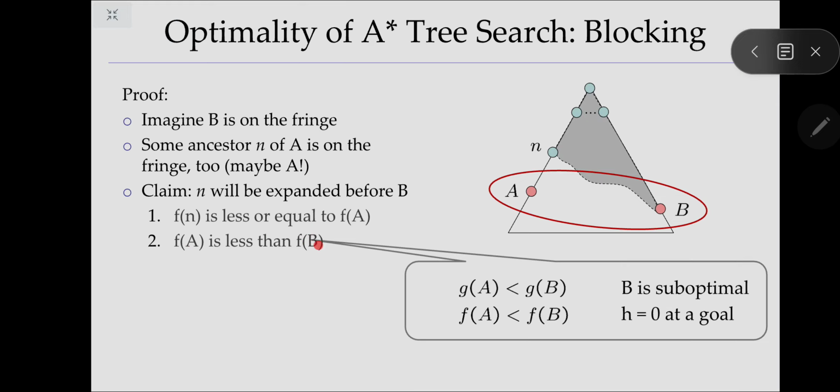Why is it true? B is suboptimal and A is the optimal solution, and for both F and G, the corresponding values of A are less than the corresponding values for the suboptimal solution. Because of that, again, Fa is less than Fb.